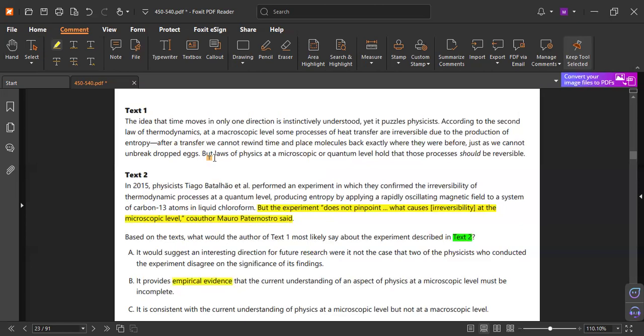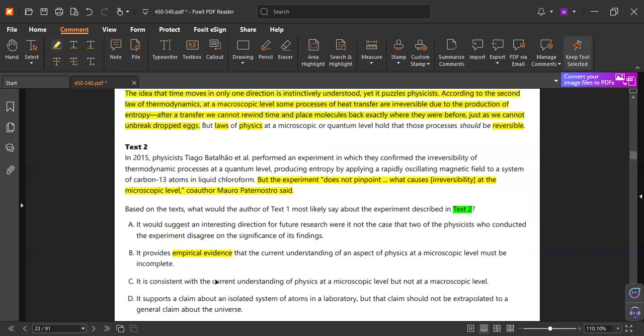But laws of physics at microscopic or quantum level hold that those processes should be reversible. You feel it? Yes. And he gives here an explanation for the experiment. So it must be letter B. That's right. So it's letter B, correct.